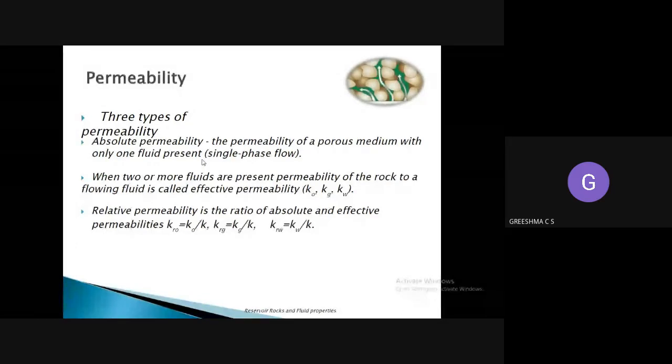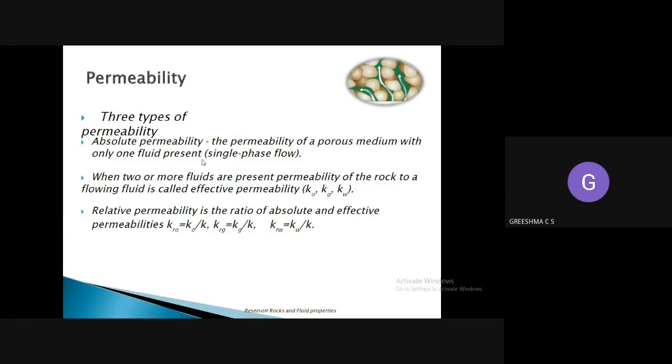It will lower the quality of water. So that means the rock is allowing the passage of two or more fluids through it. That is called effective permeability. If it allows more than one fluid, that is effective permeability.